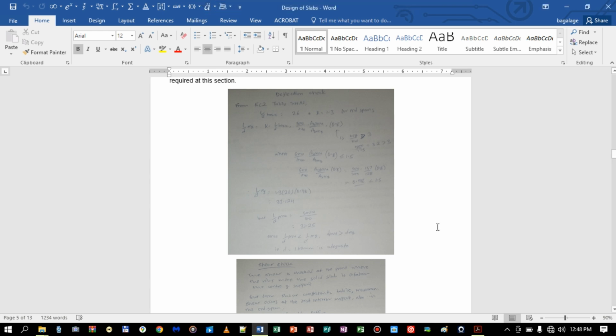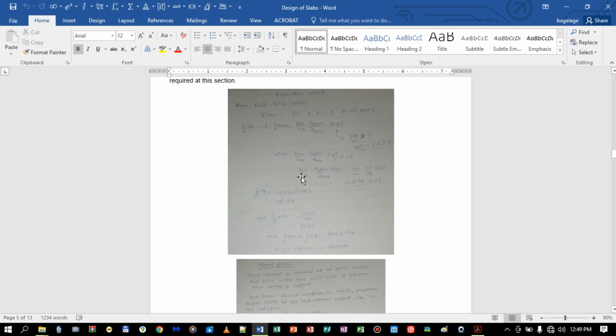The basic span to effective depth ratio that we read from our table is calculated on the assumption that the reinforcement ratio is 0.5%, the concrete compressive strength is 30, and the yield stress of the steel is 500.